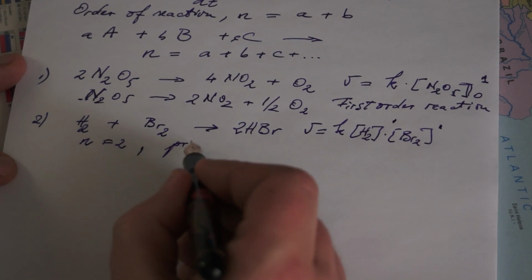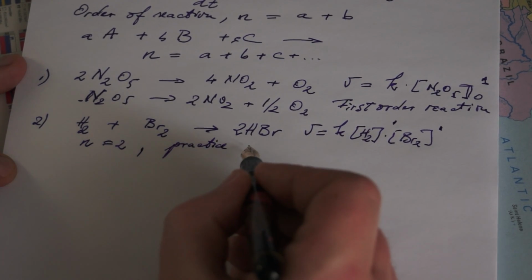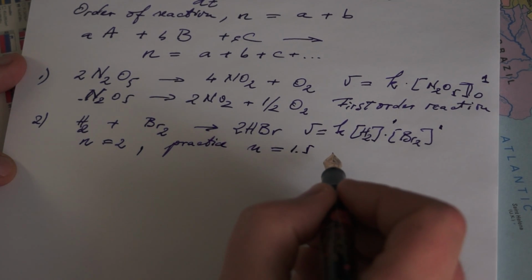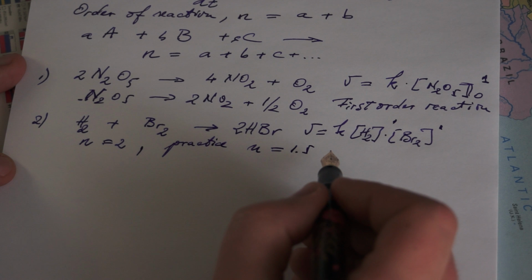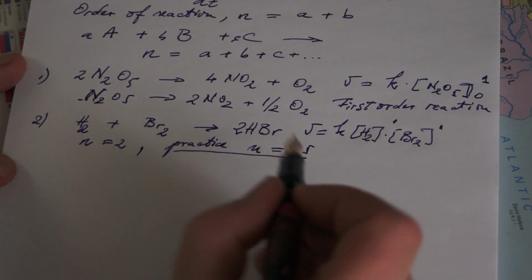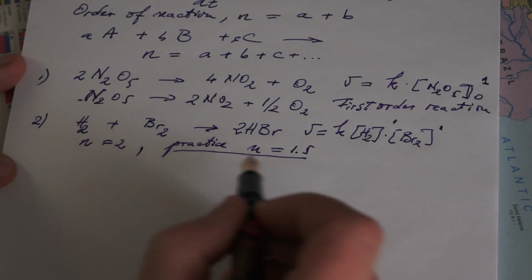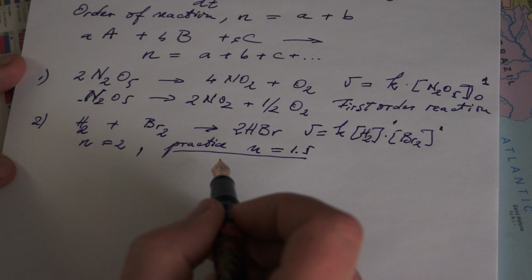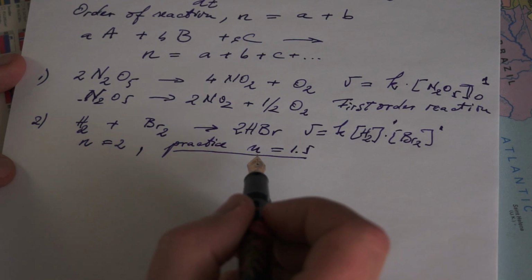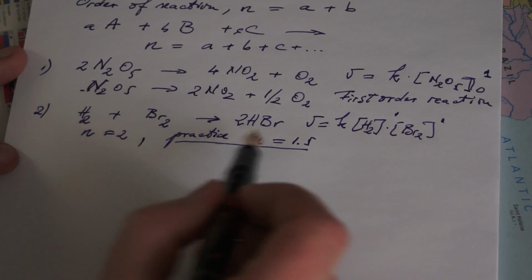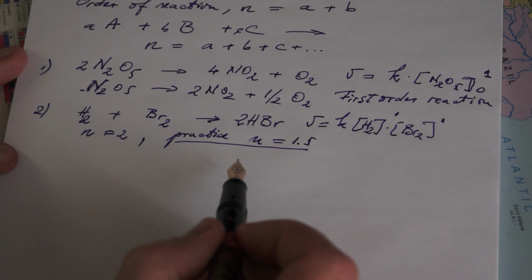In practice, however, n equals 1.5 for this reaction. It can often happen that there is a difference between theory and practice, and the reason for this is that the process of reaction involves more steps.